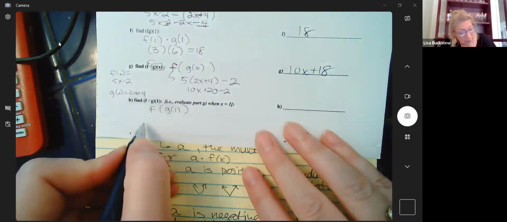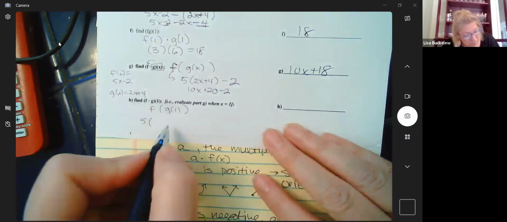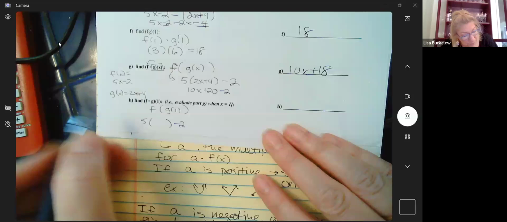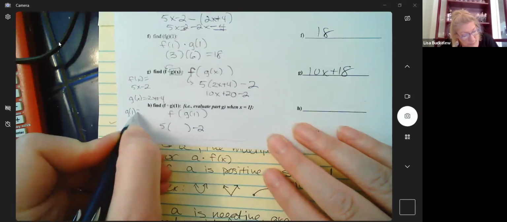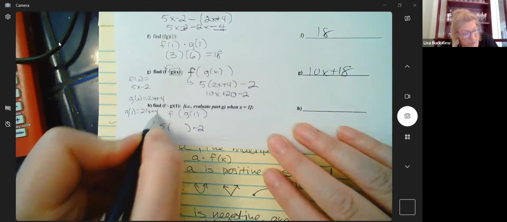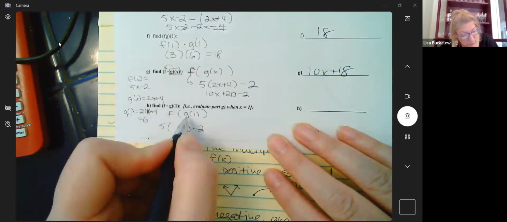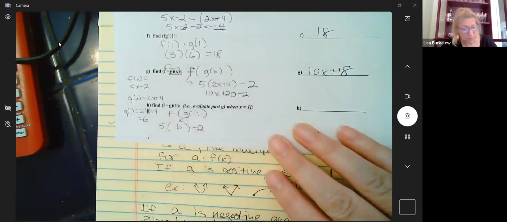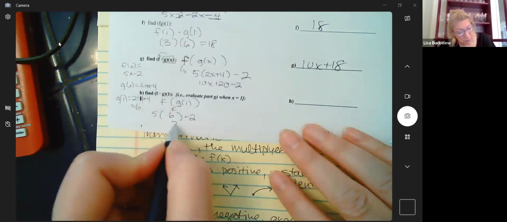So if the f of x function is still 5 times something minus 2, I need to figure out what g of 1 is. Well, g of 1 is going to be 2 times 1 plus 4, which is 6. So g of 1 is 6. And then work that out. That's 30 minus 2 is 28.